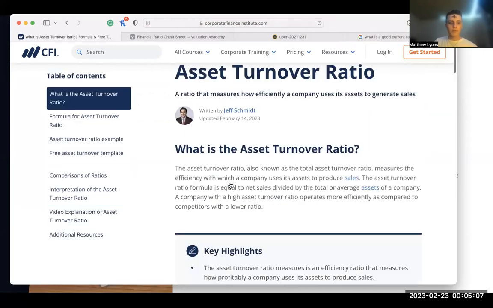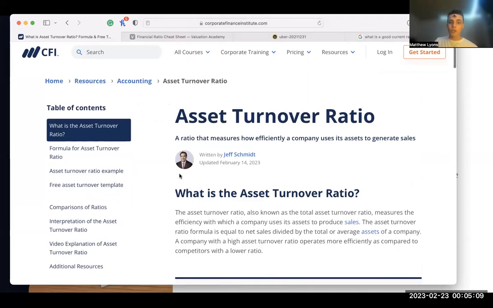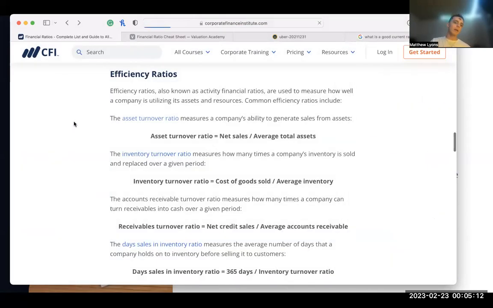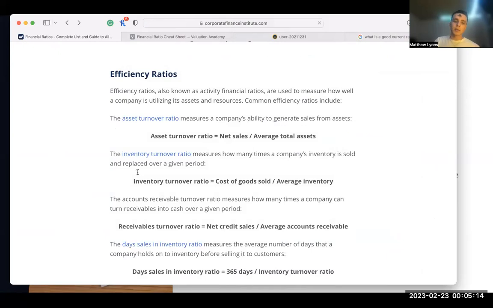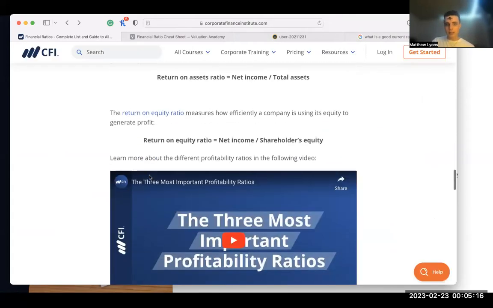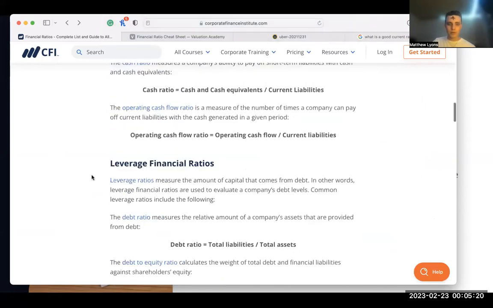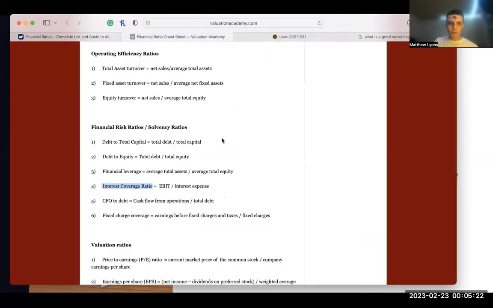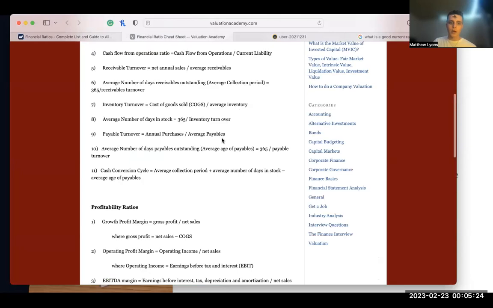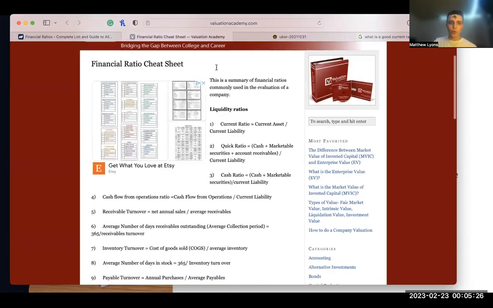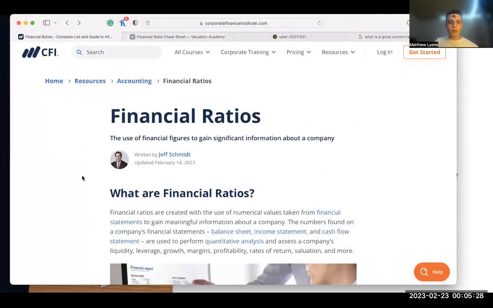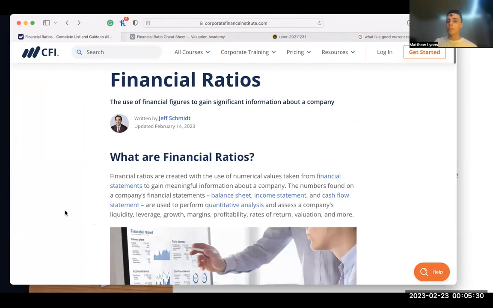This website just gives you a description of ratios and common ratios. I've shown you guys 12 ratios, but look at this, there are a lot more than 12 here. So I encourage you guys to do some digging, check out these websites and apply them to your companies.